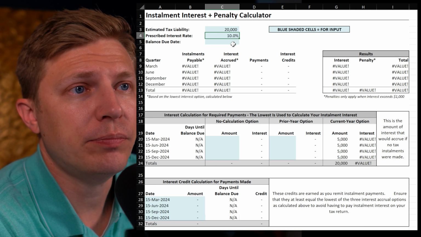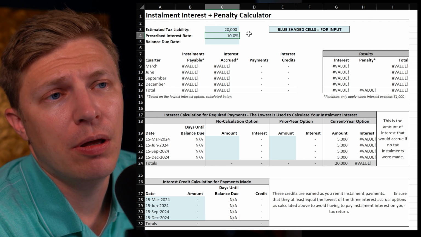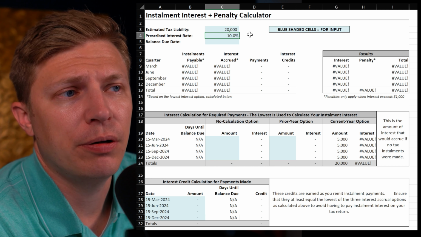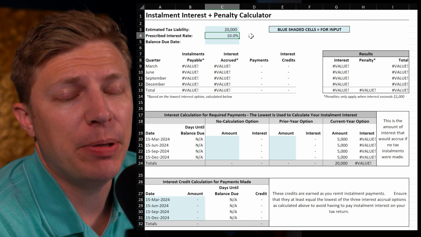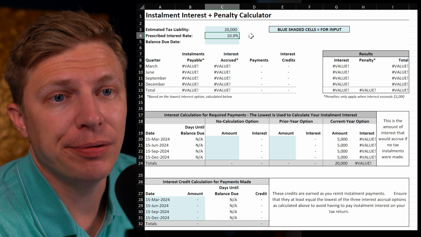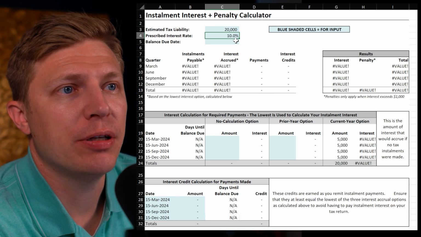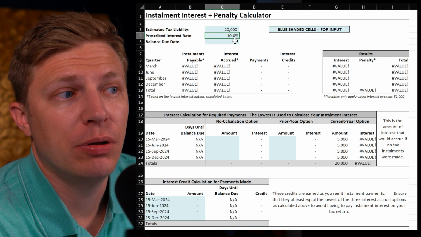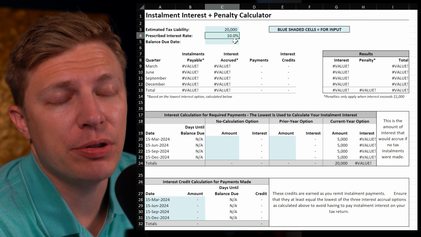So if you're using this calculator, you've got to pick a number here. You maybe use 10 or 9 or 9.5 even, but I did just want to point that out.